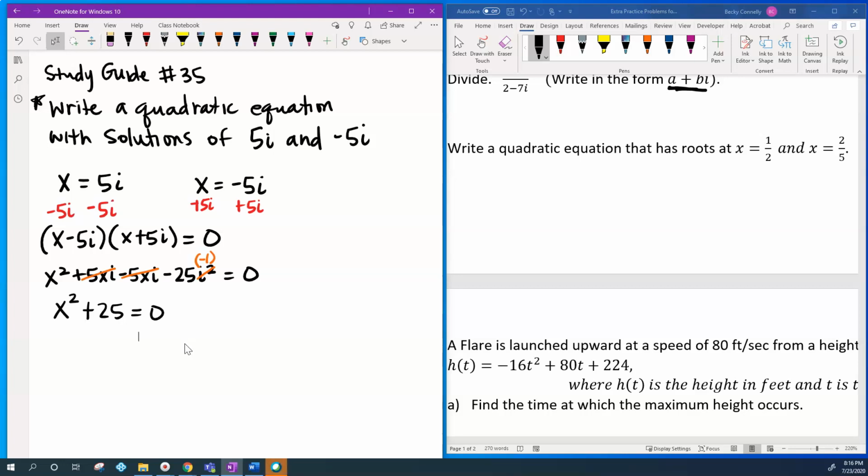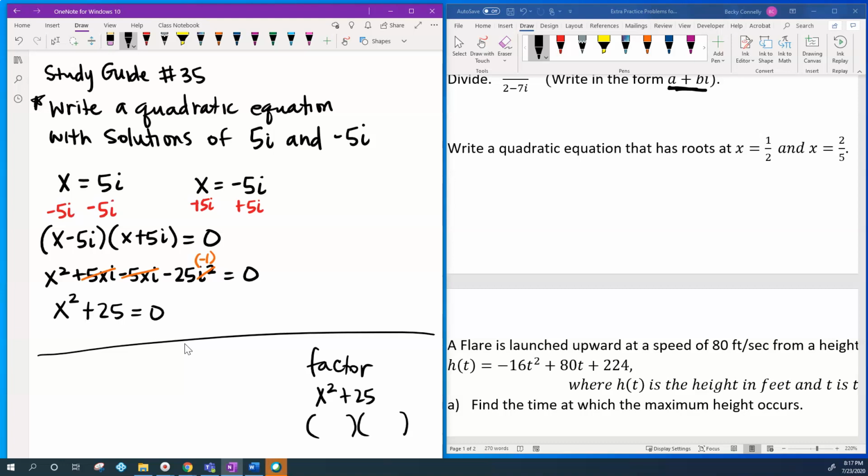Okay, and it needs to be this plus because think about it, we have these imaginary solutions. And remember how we said this x squared plus 25 can't be factored any further. If it asks you to factor that, this is something totally different. But if it asked you to factor this, well, you can't factor it. There's no way.